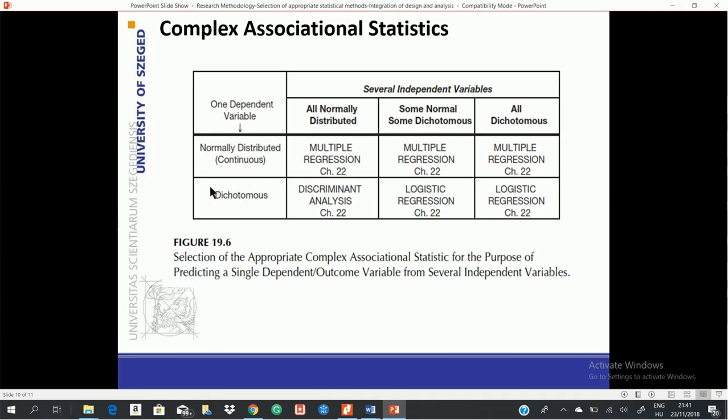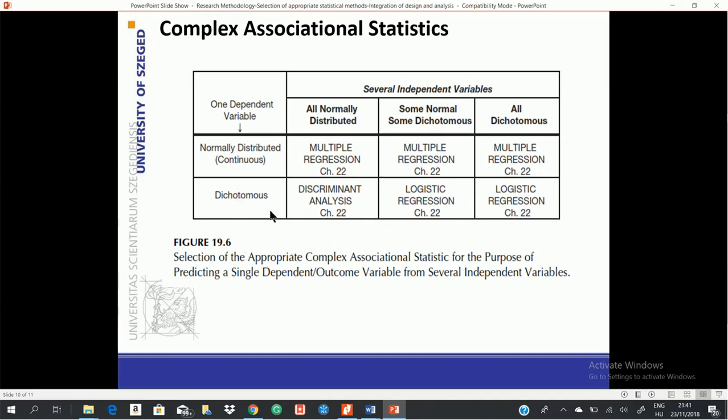ordinal. But dichotomous is more like yes or no, or female or male, but coded by 1 and 2, and misconception and no misconception is coded by 1 and 2.